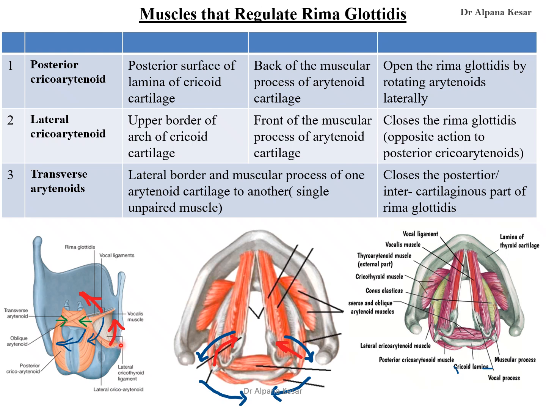The origin of lateral cricoarytenoid is from the upper border of the arch of the cricoid cartilage, and insertion is in the anterior part of the muscular process of arytenoid cartilage. So posterior cricoarytenoid gets inserted in the posterior surface, and lateral cricoarytenoid gets inserted on the anterior surface of the muscular process.